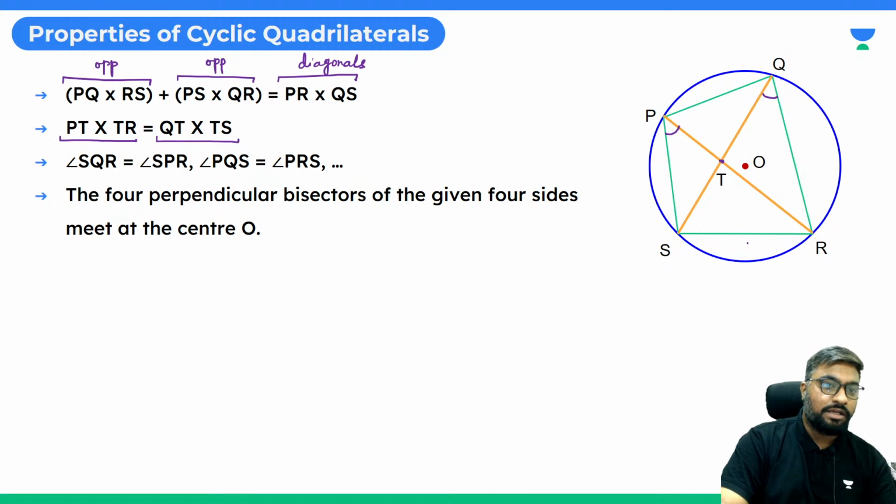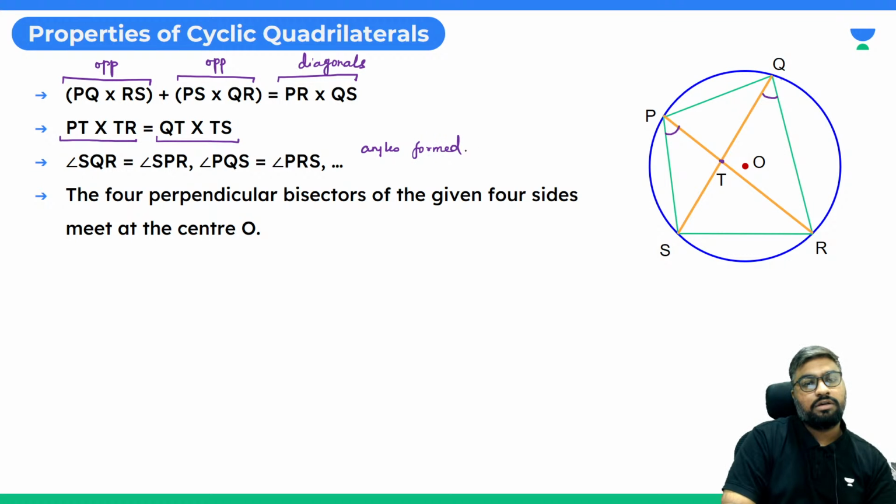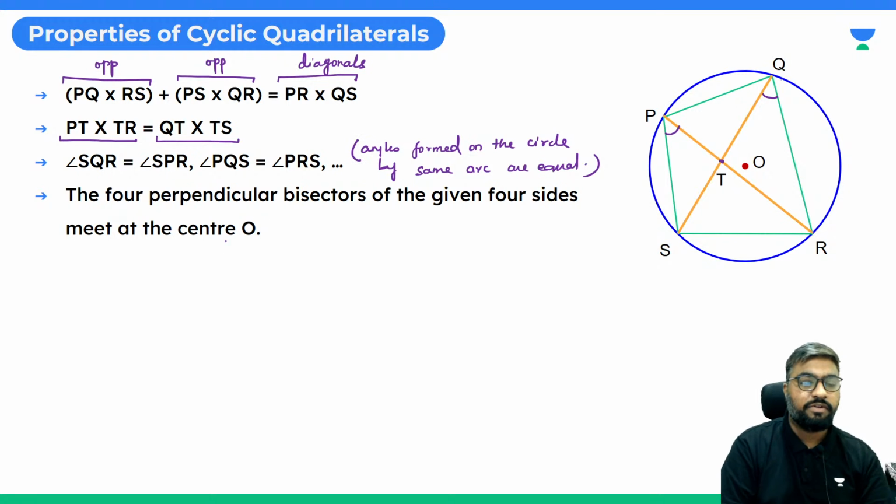Yes, getting this? Angles formed on the circle by the same arc are equal. Done. Very important one, this will be very useful.